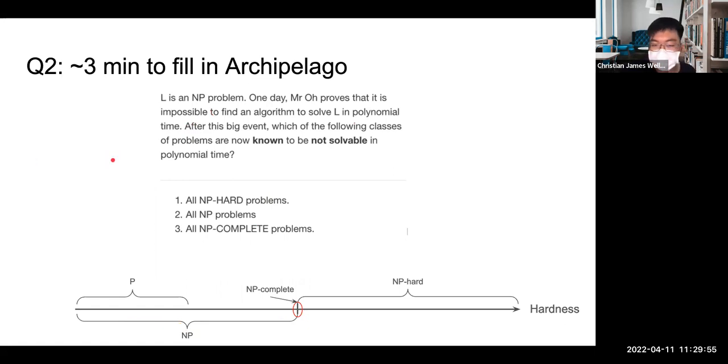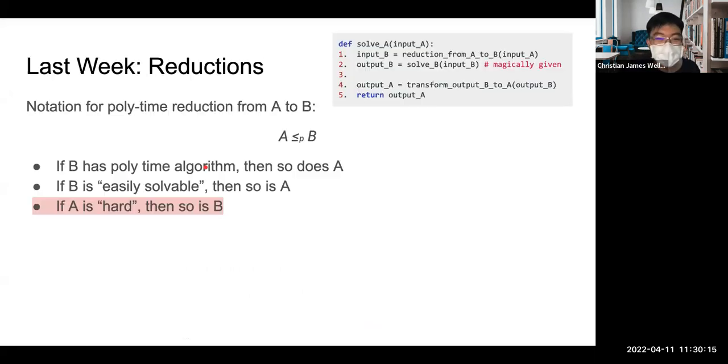Okay. All right, so let me quickly check Archipelago in case you answered it there. Okay, no one chose the wrong option. That's great.